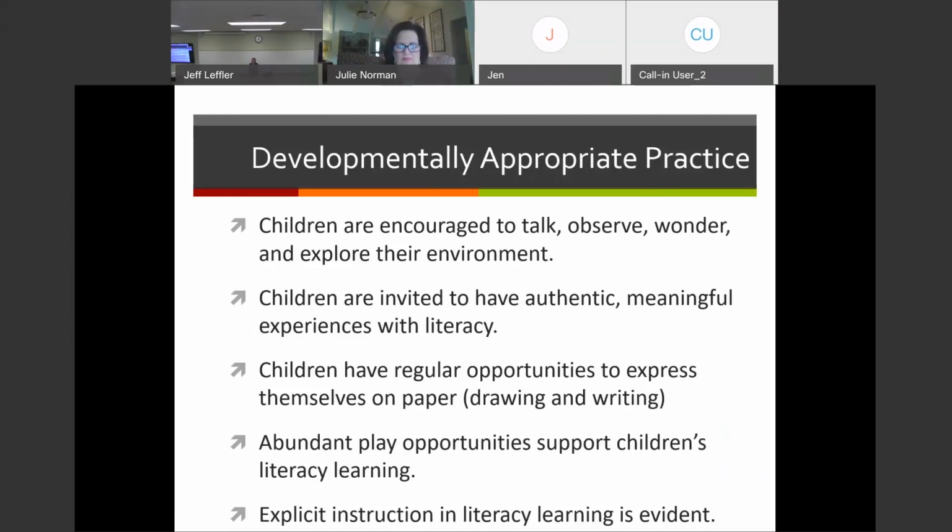We know that reading and writing are what we call reciprocal processes. If you learn to read, it's going to help you to learn to write. If you learn to write, it's going to support your ability to learn to read. They both work together.